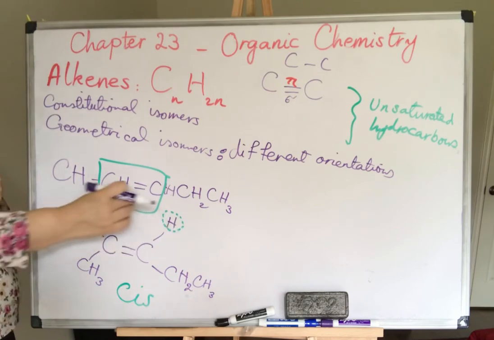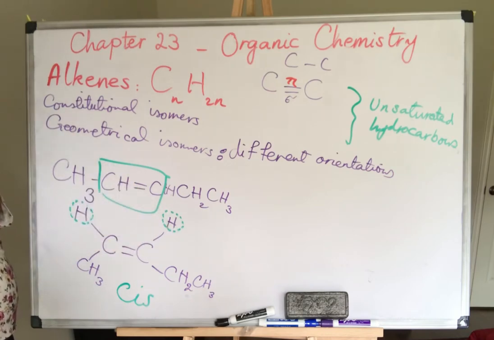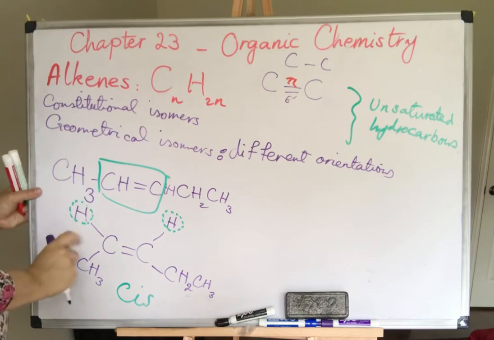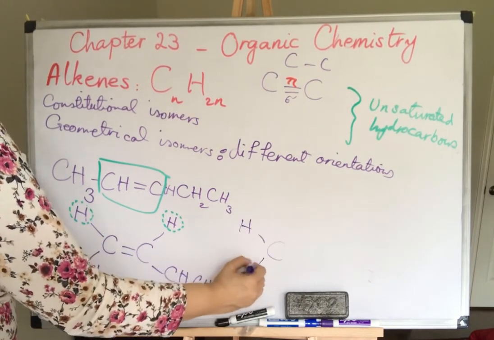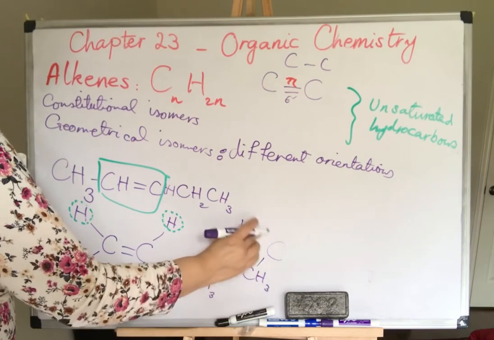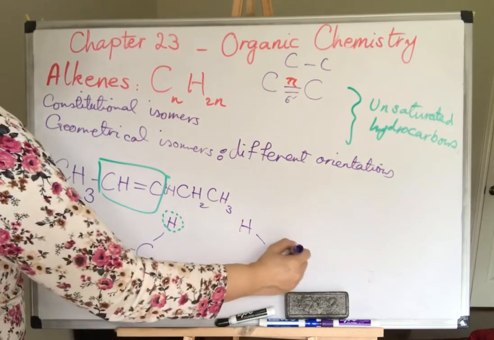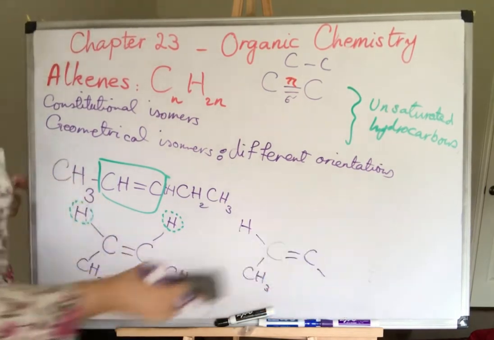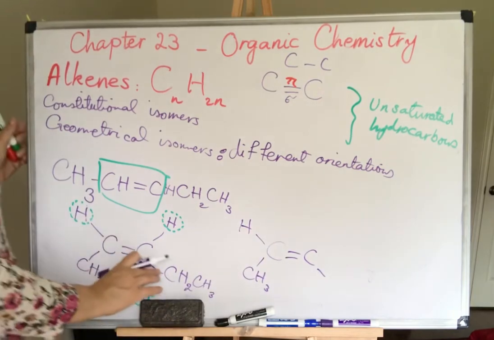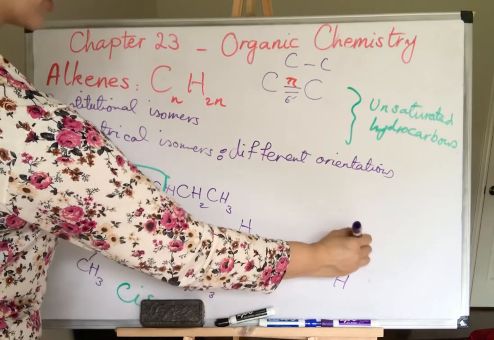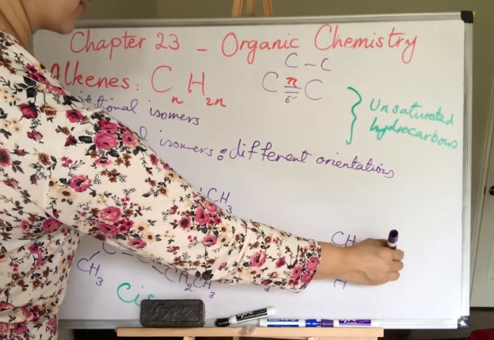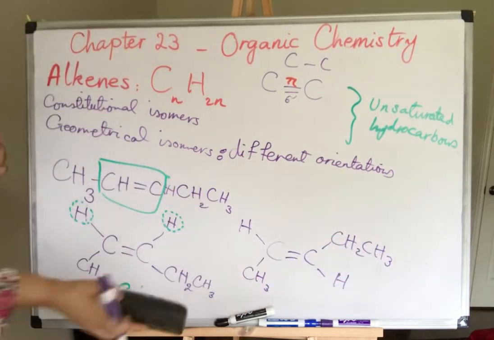Hydrogens on the same side. But after you draw this, you could have had hydrogen on the bottom, right? We didn't say where to put what. Hydrogen here and CH2, CH3 here. Correct?